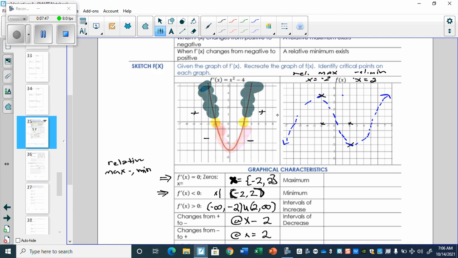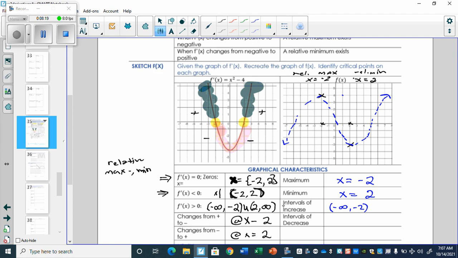Anyways, so my relative maximum is at x equals -2. Relative minimum, I don't know what the y value is, at x equals 2. Intervals of increase would be from -infinity to -2. And why?